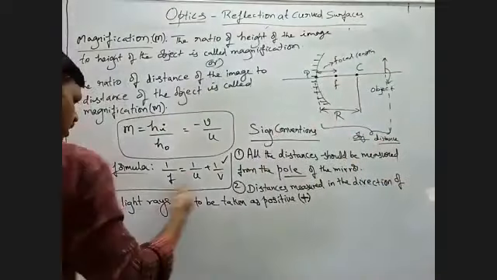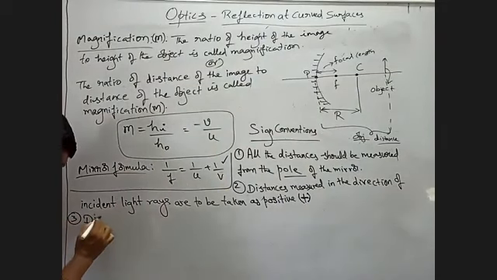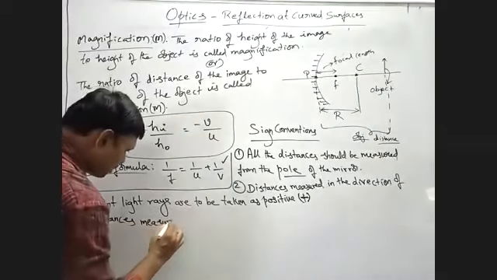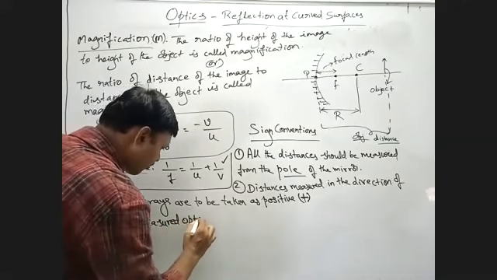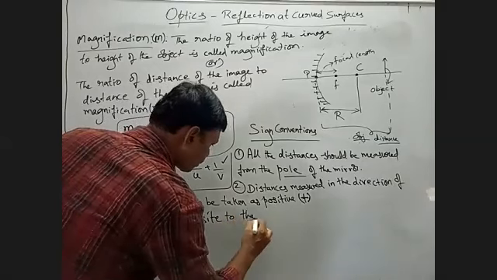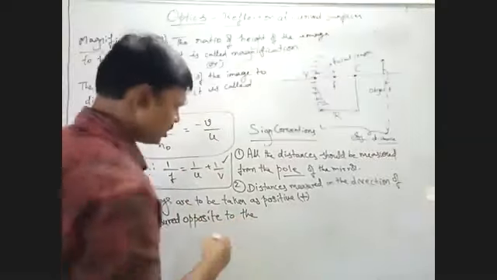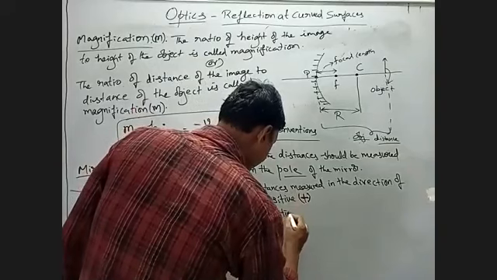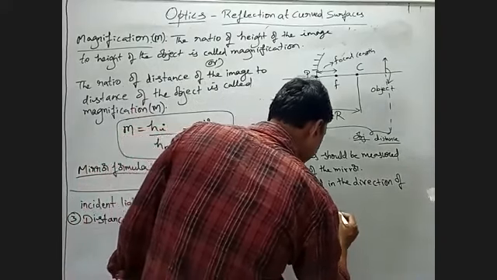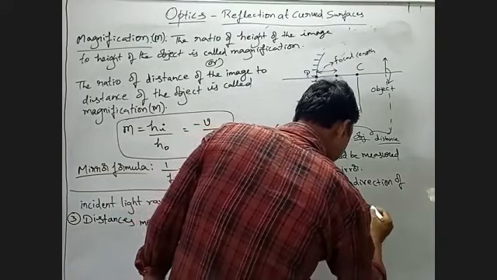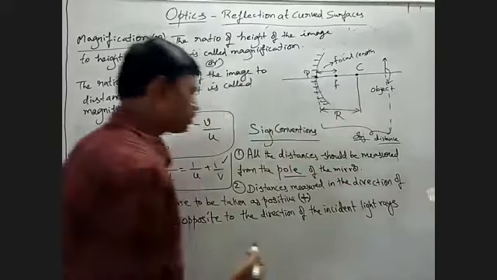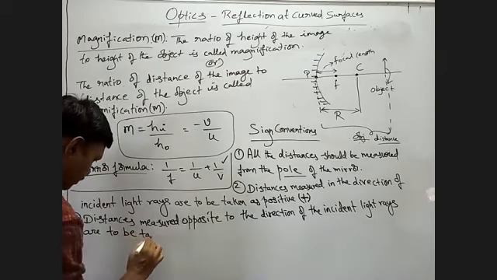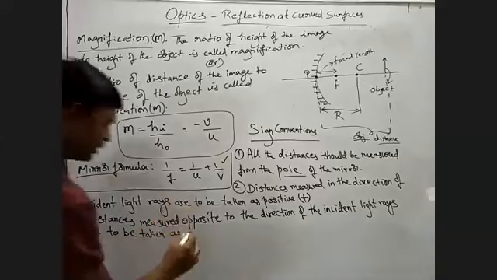Okay. So the distances measured opposite to the direction of the incident light rays are to be taken as negative.